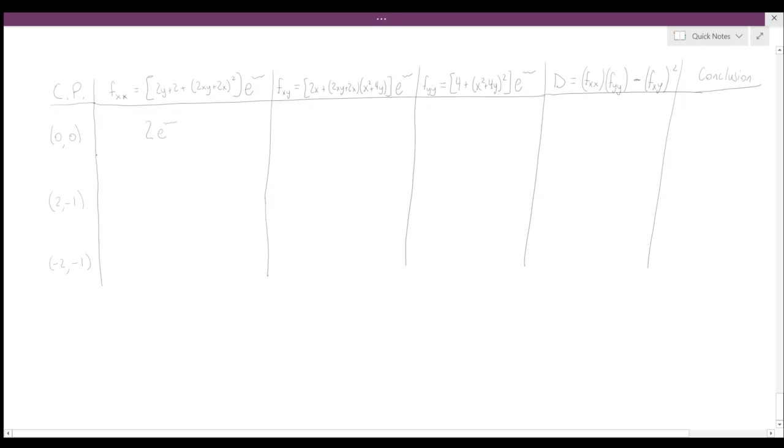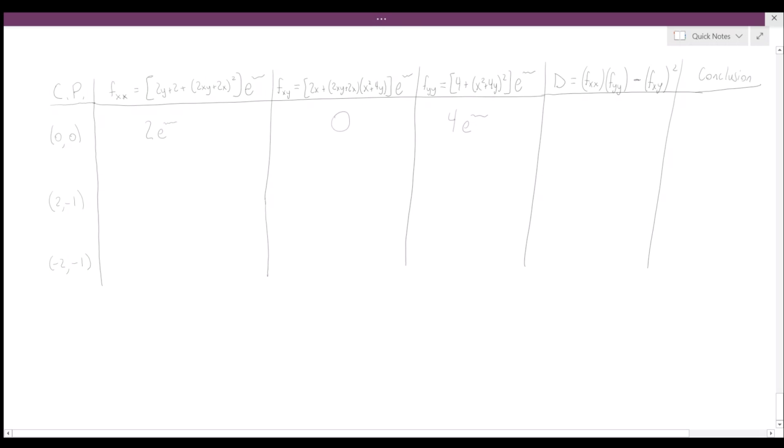Likewise, I'm just going to plug in 0 for x and y everywhere here. Notice that everything is just going to be 0. Here, if I plug in 0 for x and y, I'm just going to get 4 times the exponential still.